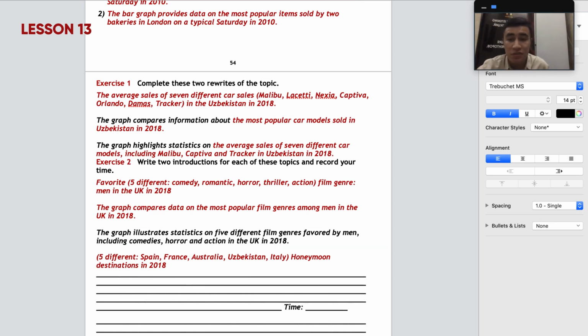The graph illustrates statistics on 5 different film genres favored by men, including comedy, horror, and action in the UK in 2018.